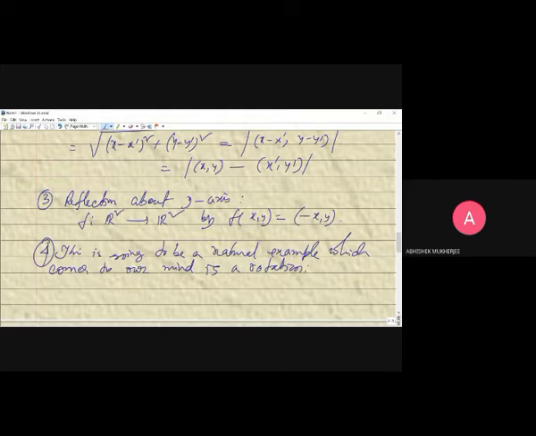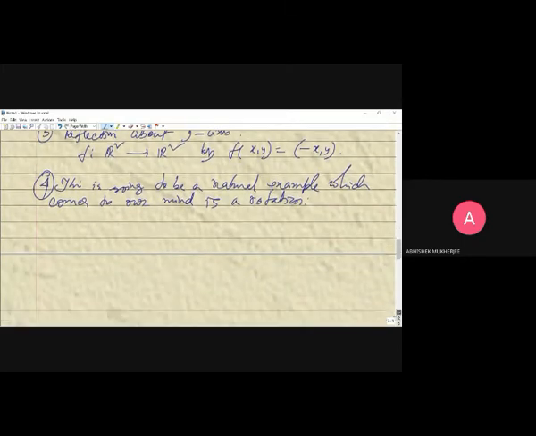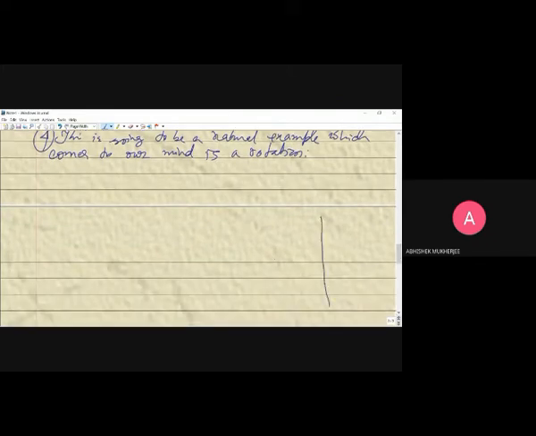Take any point P. Applying an angle theta, it will go to some other point P dashed, right? This way, P goes to P dashed.